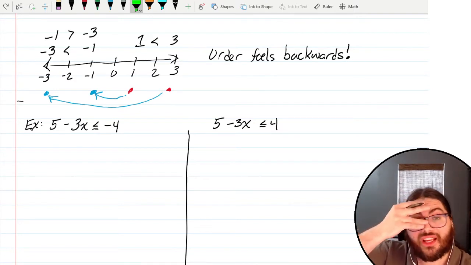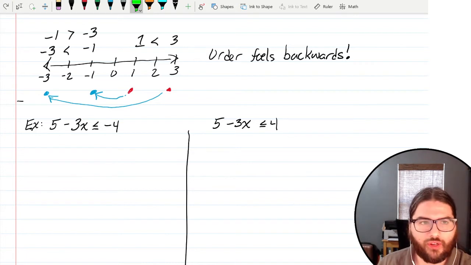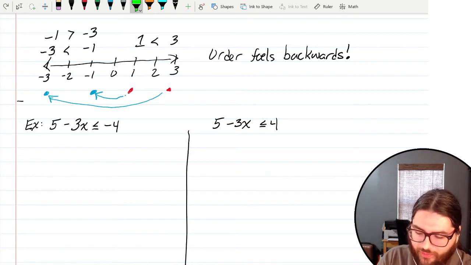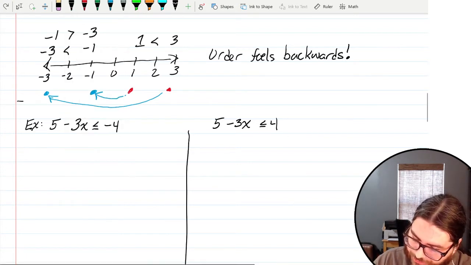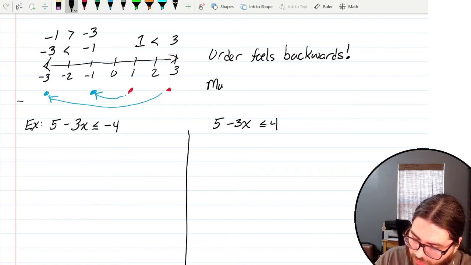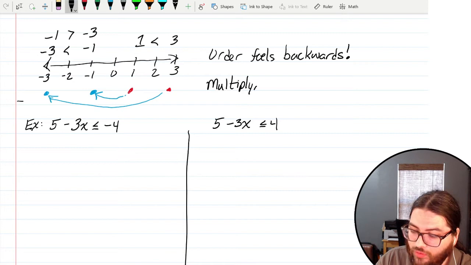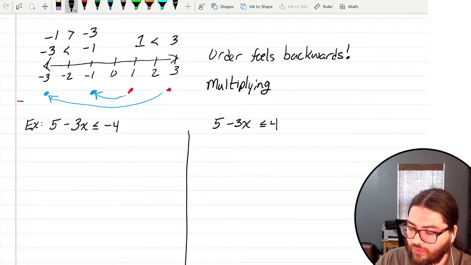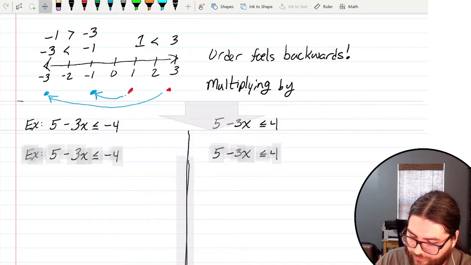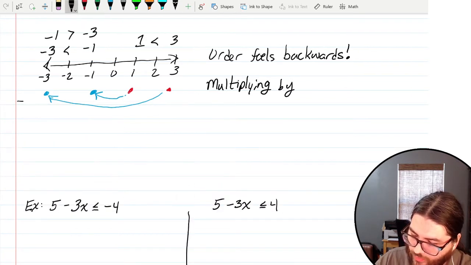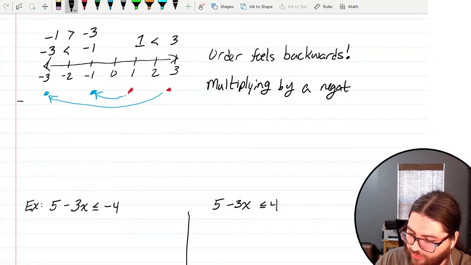Well, it changes the idea of left side, right side, which is greater than, less than. So multiplying by a negative number or dividing by a negative number causes this problem. Move this down a little bit. Multiplying by a negative number changes my inequality symbol.